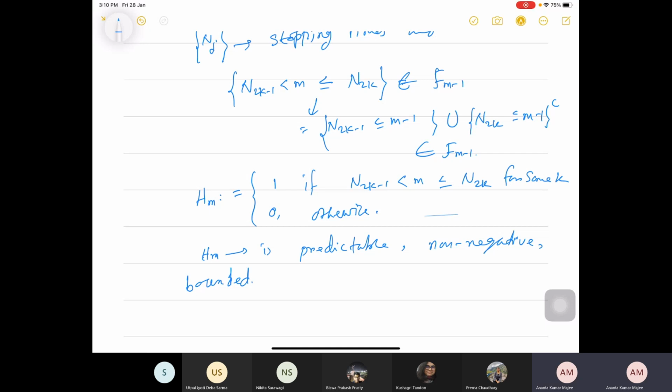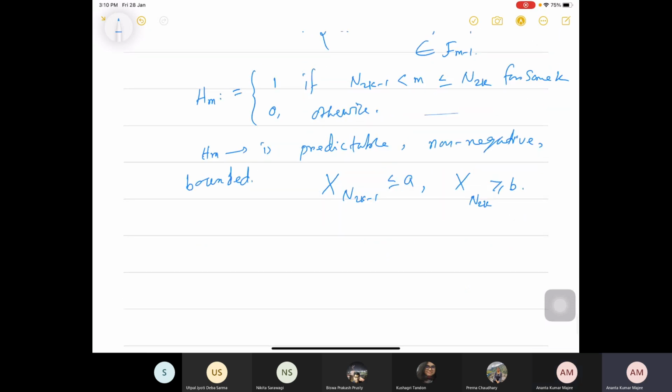Also, for x of n of 2k minus 1, this is always less than or equal to a, and x of n of 2k is greater than or equal to b. That means between times n of 2k minus 1 and n of 2k, x of m crosses from below a to above b, and h of m basically takes advantage of this upcrossing.